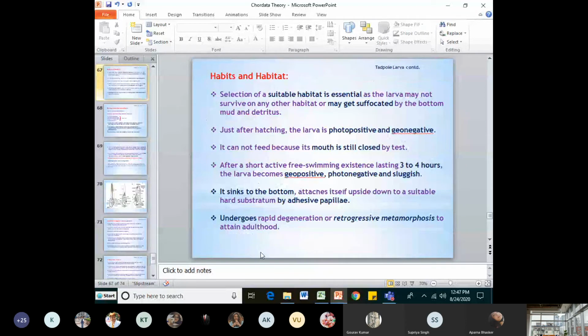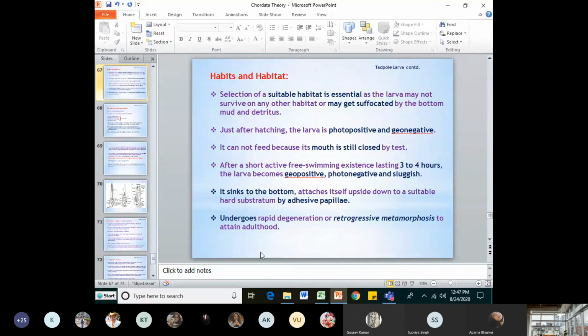And coming to the habit and habitat of the tadpole larva, the selection of a suitable habitat is very crucial for the survival of the tadpole larva. If it does not get a suitable habitat, then because all kinds of openings, atrial openings and all openings, are closed, it cannot survive.